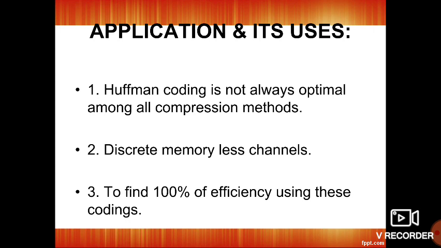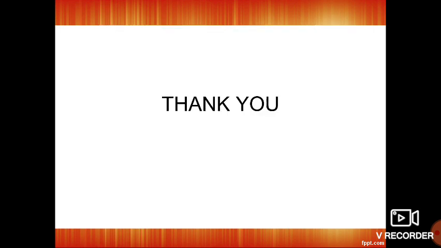So this theorem, Hartley-Shannon theorem, is mainly used in applications such as Huffman coding, which is not always optimal among all compression methods, and it is used in discrete memoryless channels to find 100% efficiency using these codes.